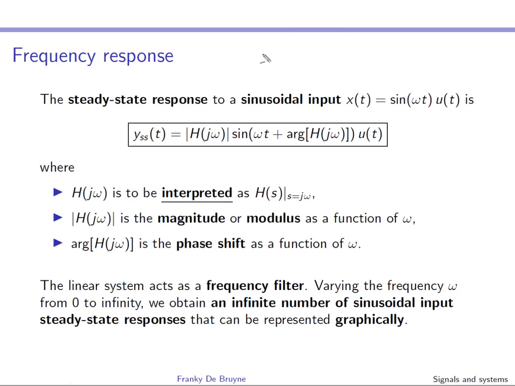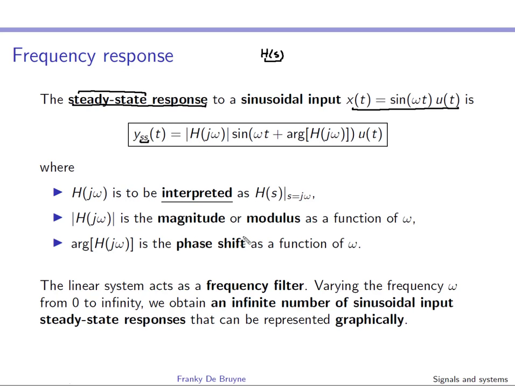If a system H(s), this is the transfer function, is subjected to a sinusoidal input of this type, then you can compute the steady state response, and here the word steady state is really important. So this means that all transients have disappeared. The hidden assumption here is that this system is stable, otherwise the transients would not disappear.